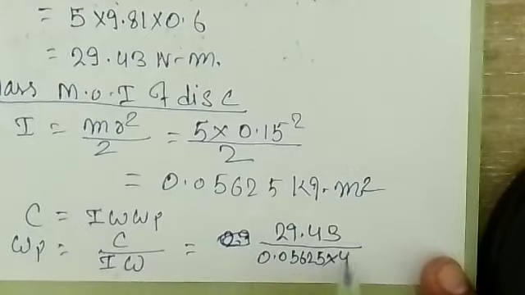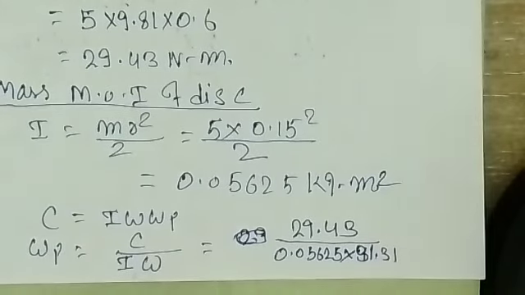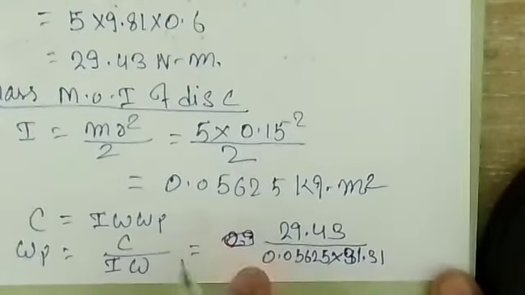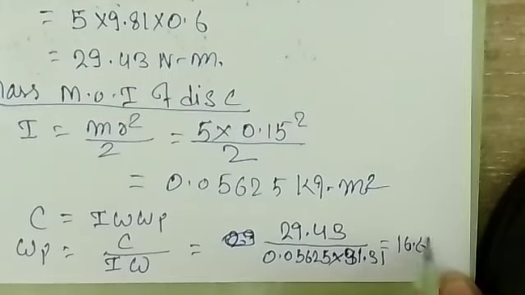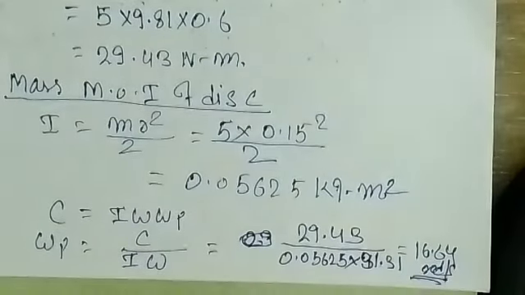So 29.43 by 0.05625 into 31.41 gives the angular velocity of precession, 16.64 radian per second. This is how we calculate the angular velocity of precession of a body in such problems.